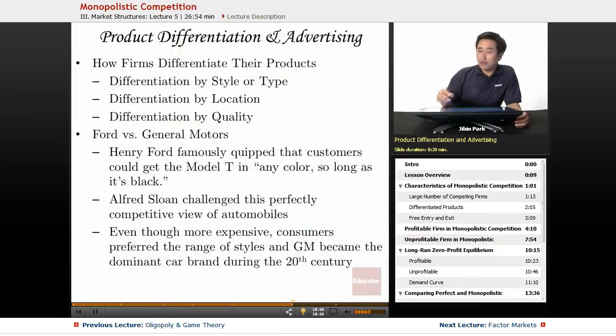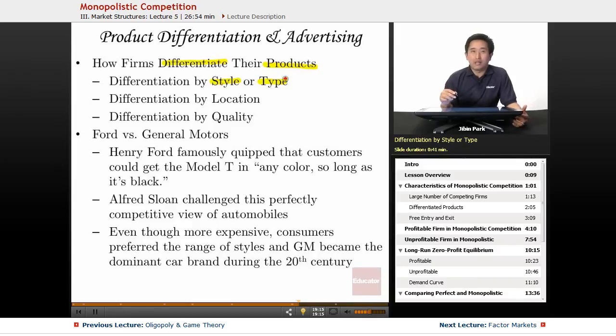However, if you ask, most people enjoy having variety around. They don't want one particular brand of anything. There is a role of product differentiation and advertising. Now, how can firms differentiate their products? 3 different ways. They can differentiate by style or type. And again, each firm is going to do whatever they can to try to gain market share.